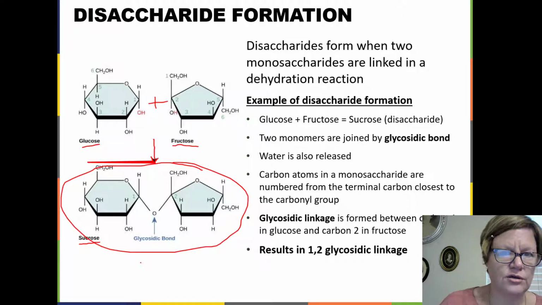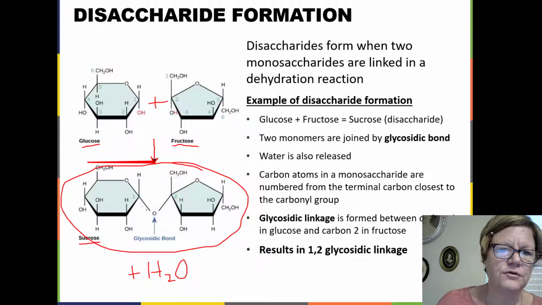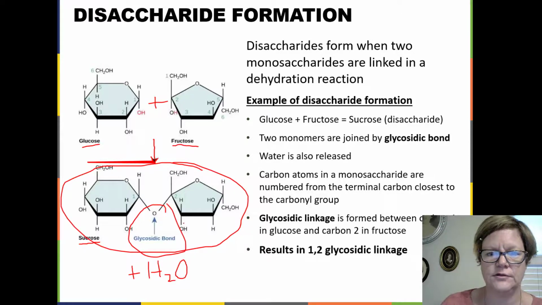And then what they didn't show, which they probably should, is the water molecule that's released, because this is a dehydration synthesis reaction. They're just showing it vertically in this slide, and earlier they showed it drawn horizontally, but that doesn't matter. So the bond that forms between two simple sugars when they are joined together is called the glycosidic bond.